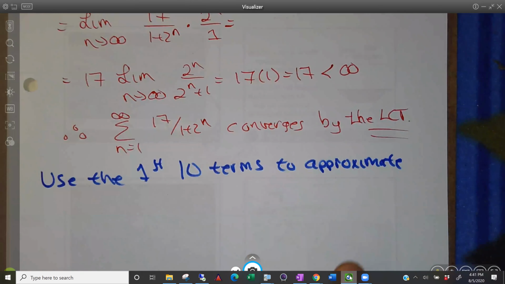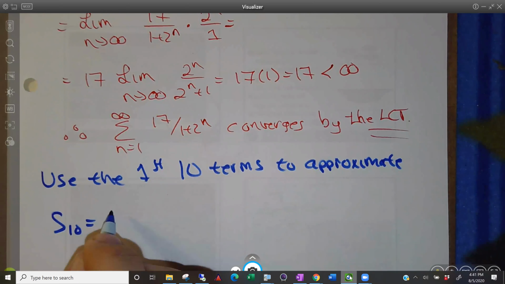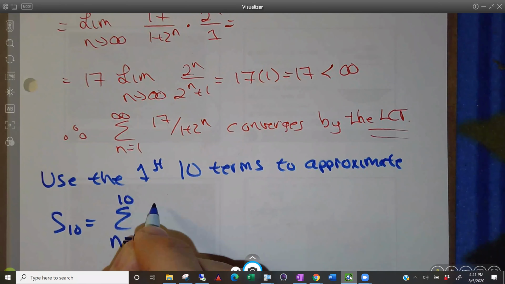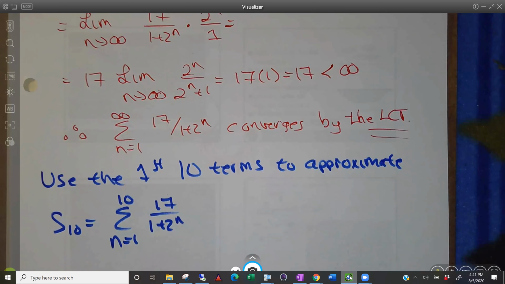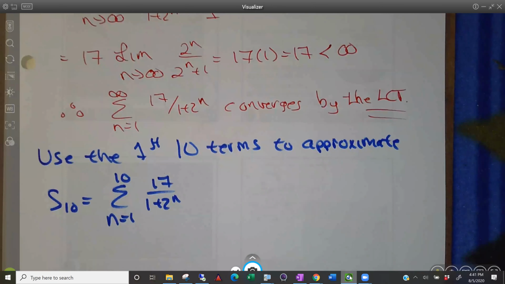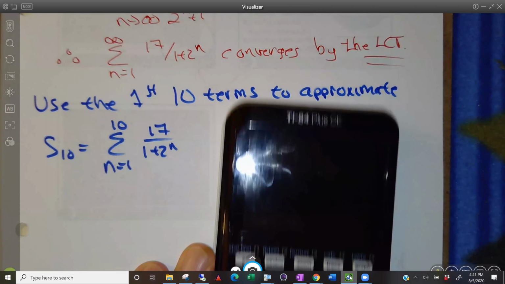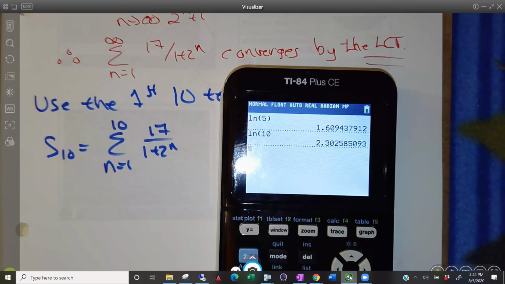So S sub 10 would be the sum from n equals 1 to 10 of 17 over 1 plus 2 to the n. That's not something that I suggest that you do by hand. I hope you embrace some technology.